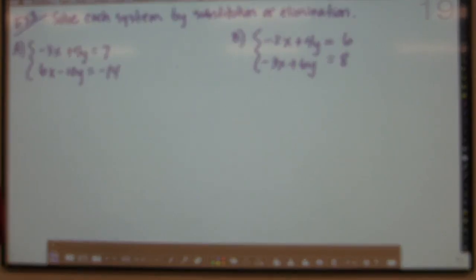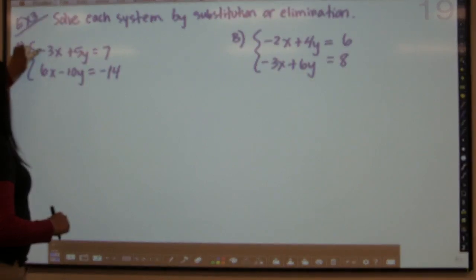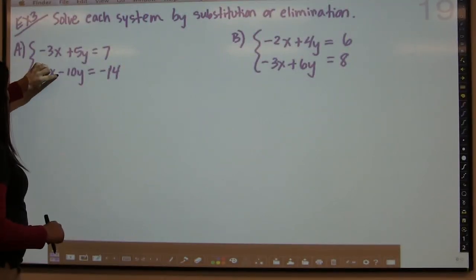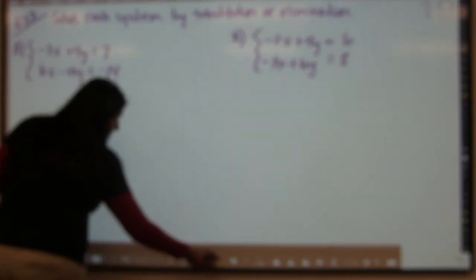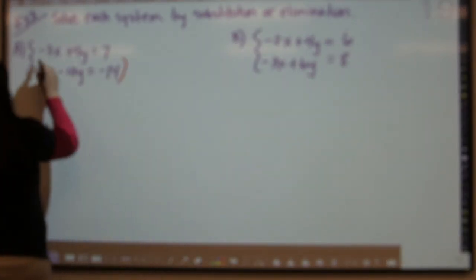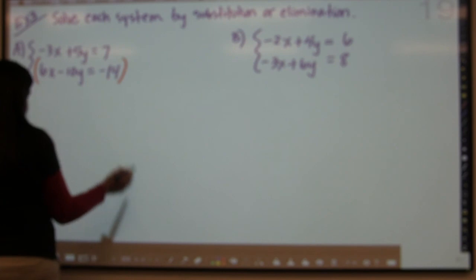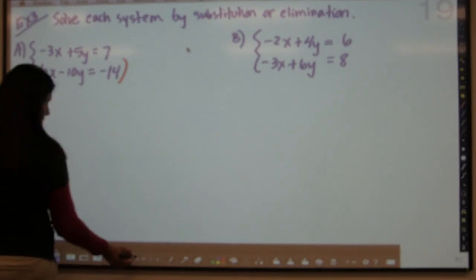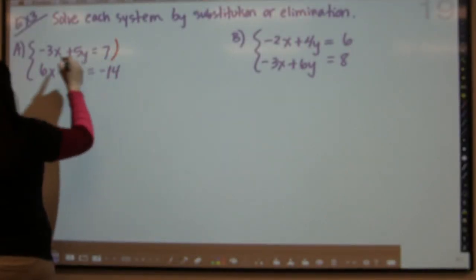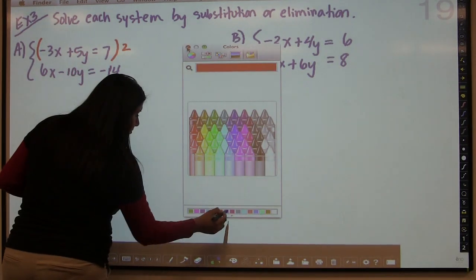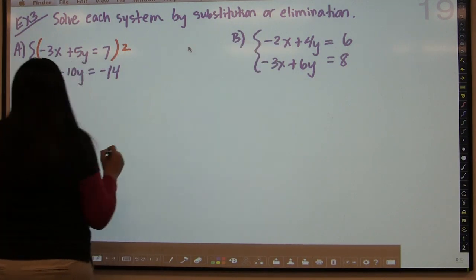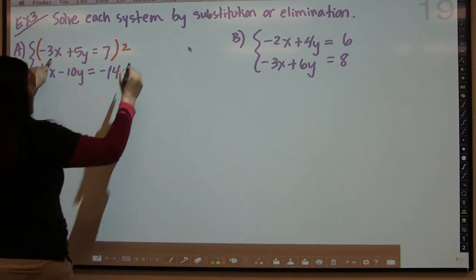We are going to solve this little guy, and so what's going to happen is, for example, I see that the x is negative and positive, so is the y, so it doesn't matter which one I pick, but I'm just going to go ahead and go with x. I want to multiply the top equation by a 2, because by doing that, I am going to get negative 6x.